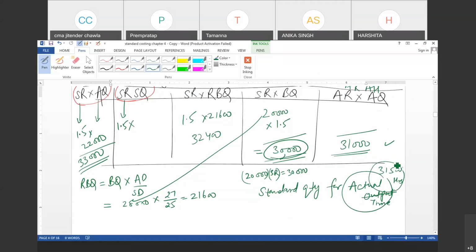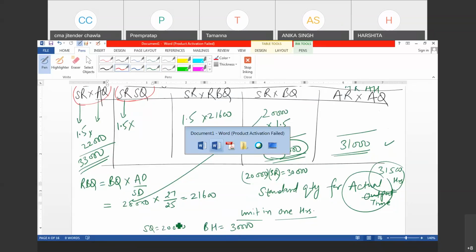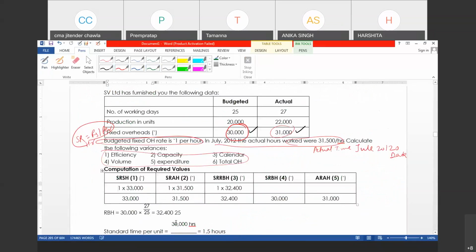Am I right? And can any one of you tell me units in 1 hour? We already calculated budgeted hours in the previous section as 30,000, and standard quantity given in the question is 20,000.